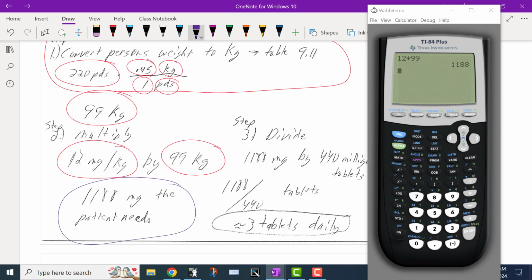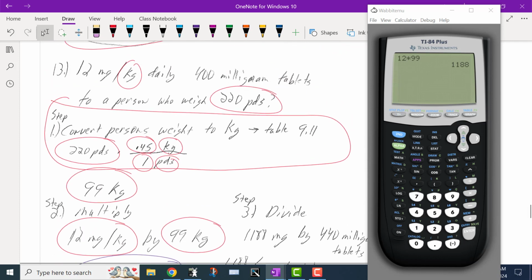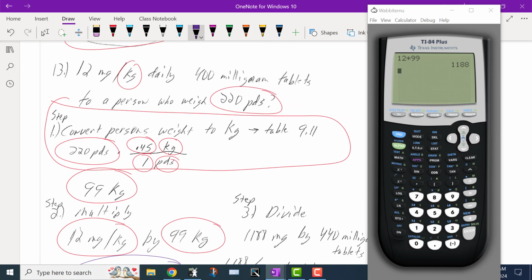And then your third step, you look at your prescription drug, and it says that it comes in 400 milligram tablets. So how many of those tablets are there in 1,188 milligrams? Well, you have to divide.